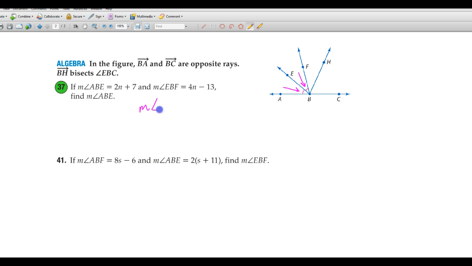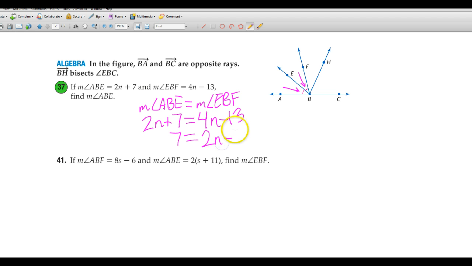So the measure of angle ABE will be equal to the measure of angle EBF. So just substitute in the expressions, 2n plus 7 and 4n minus 13. So subtract 2n from both sides and add 13 to both sides.